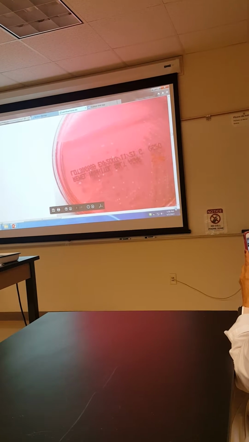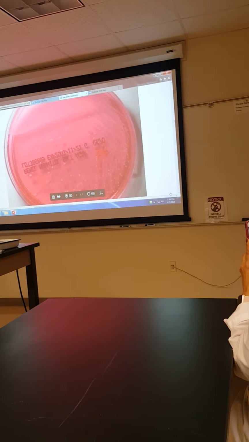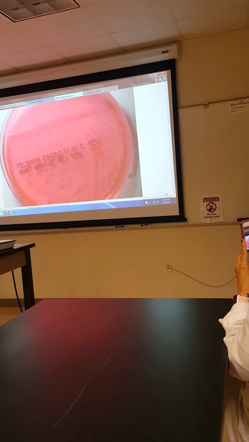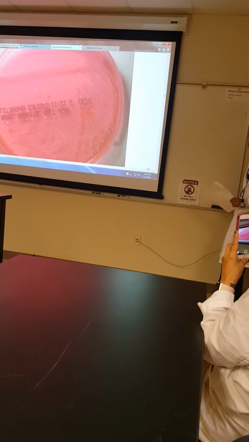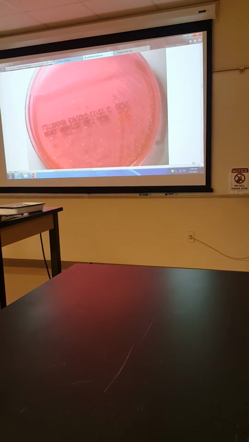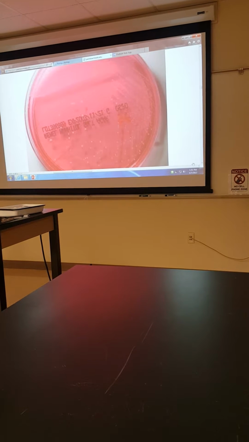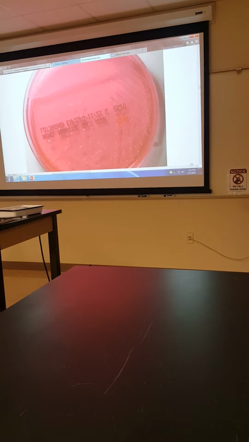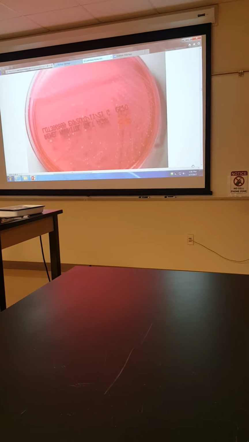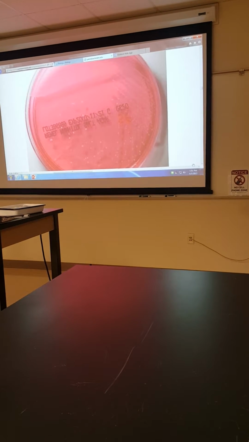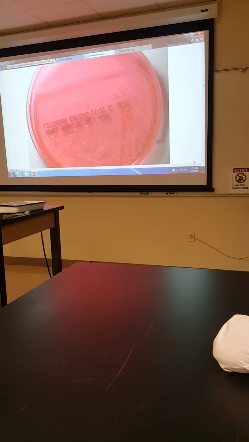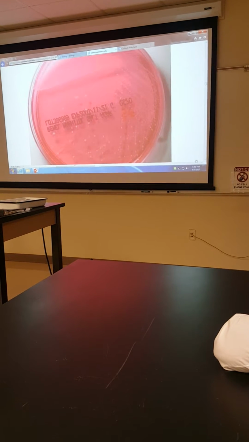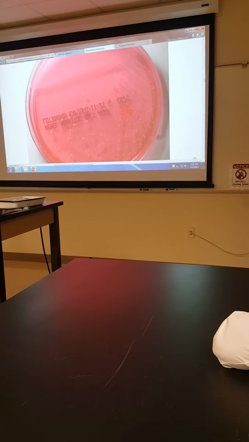Mannitol salt agar. Is the MSA considered selective? Or does it grow everything? It is selective. What is it selective for? Yeah, staph.